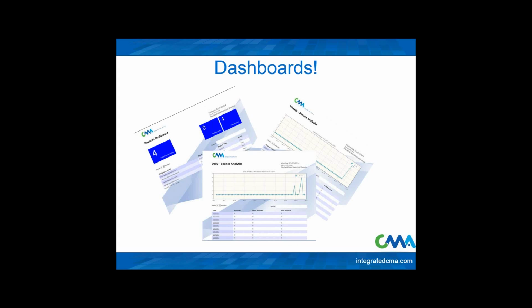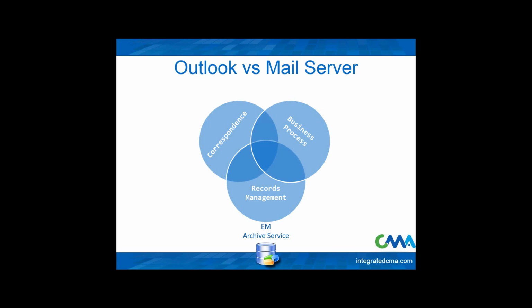Dashboards are really where you're going to come in and take a look at the activity, how it's functioning, and of course do some analysis on trend activity, especially if you're using the archive service to trigger a Laserfiche workflow. And so we'll talk a little bit about those examples once we get into the actual demonstration.